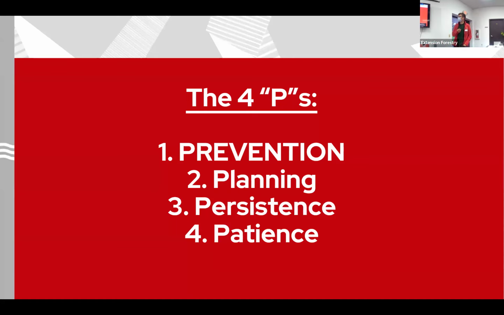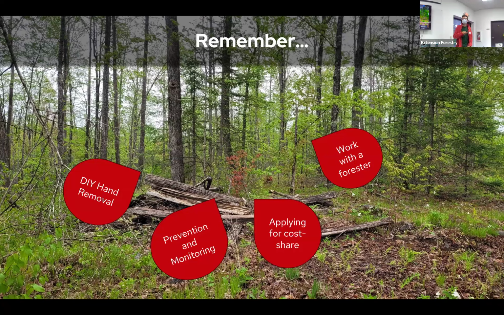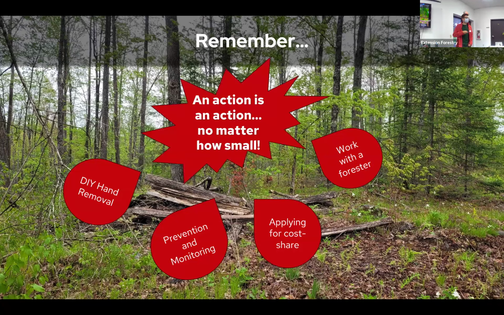And as a closeout, any kind of smaller steps that we're taking in order to think more proactively about invasive species that may be present on the property is a really big win. Any action is an action, no matter how small, when it comes to invasive species. So I just want to try to inspire people if you're beginning an invasive plant management journey.